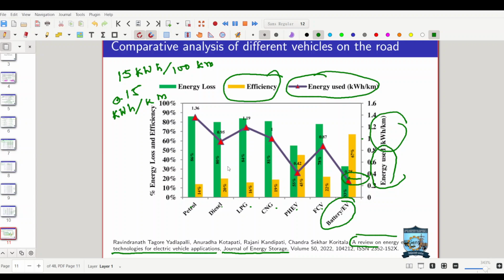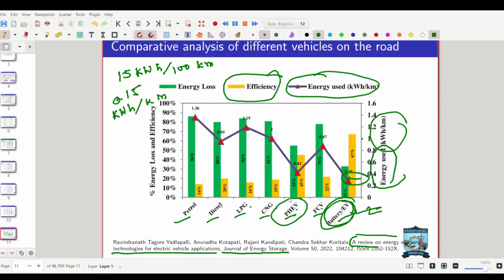As you see from this graph, compared to petrol, diesel, LPG, CNG, hybrid vehicles, and fuel cell vehicles, the pure battery electric vehicles have the lowest energy consumption in kilowatt hour per kilometer. So these are the most efficient, even much more efficient than the hybrid and plug-in hybrid electric vehicles.